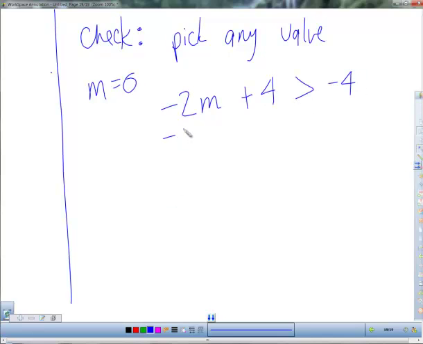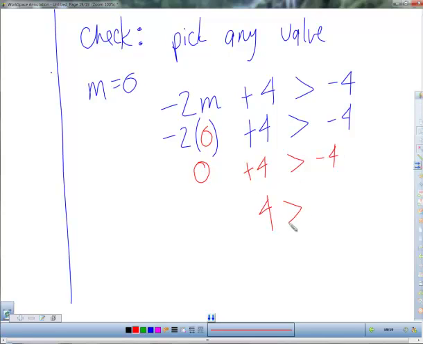I'm now going to replace my m with 0. Negative 2 times 0 gives us 0, plus 4 is greater than negative 4. 0 plus 4 gives me a positive 4. Is positive 4 greater than negative 4? Yes.